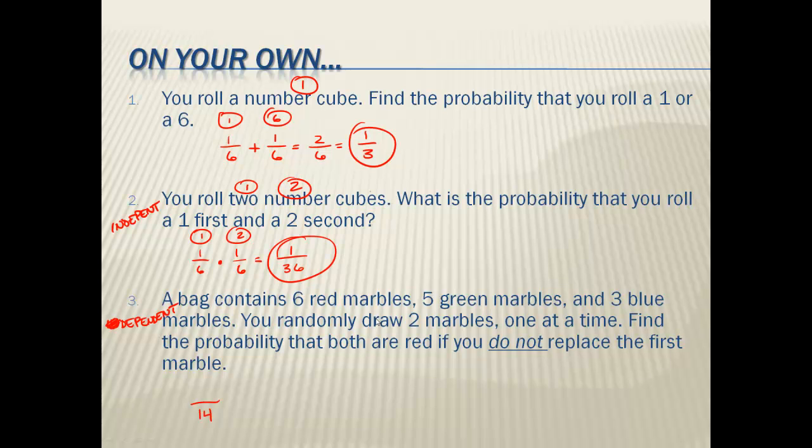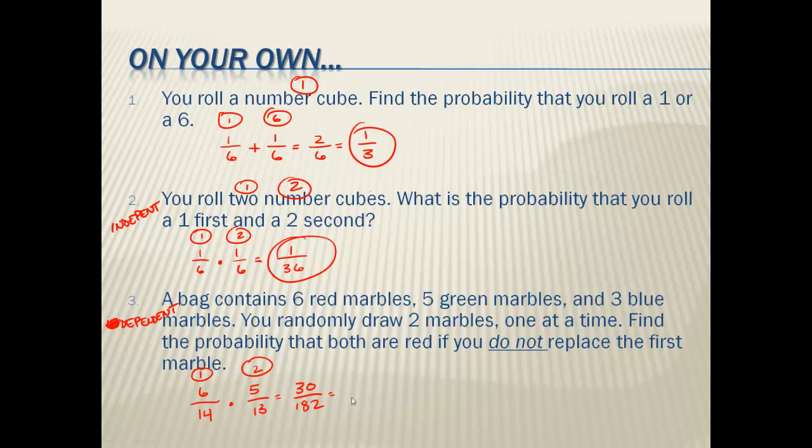Okay? And we want to find the probability that both are red. So the first draw, we have a probability of 6 over 14. The second one, we have 1 less marble, so it's going to be over 13, and we have 1 less red marble, so that one's going to be over 5. When you multiply this out, you get 30 over 182.